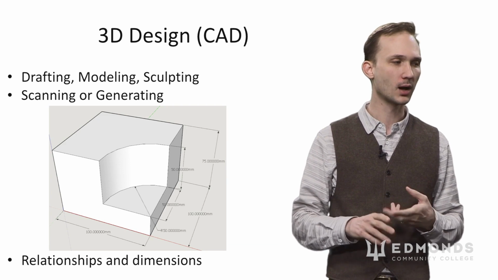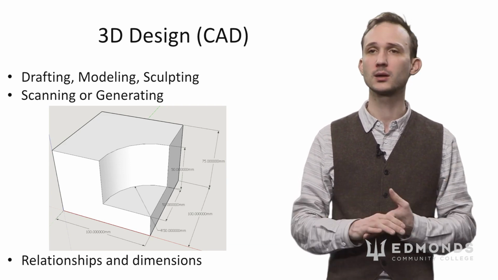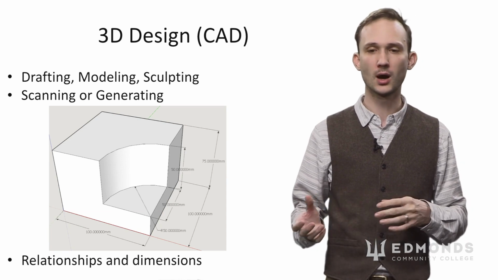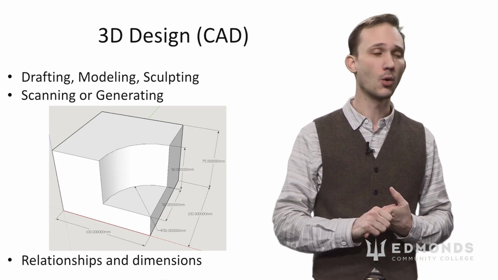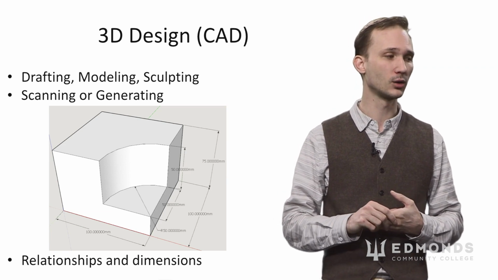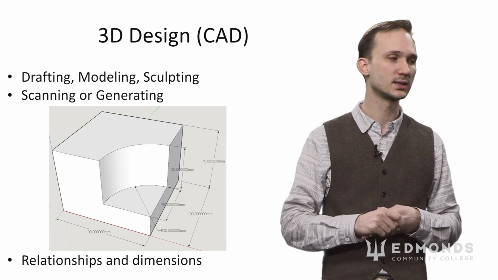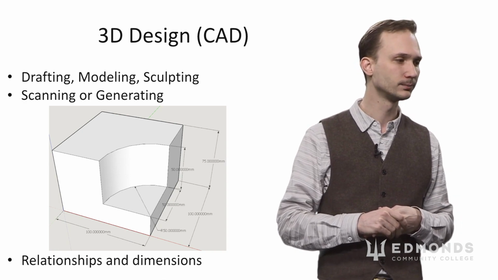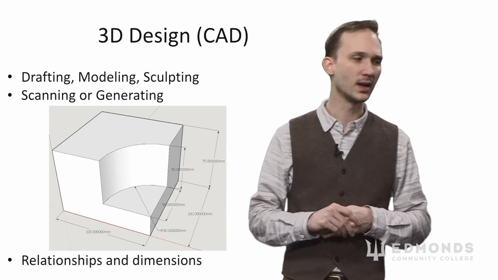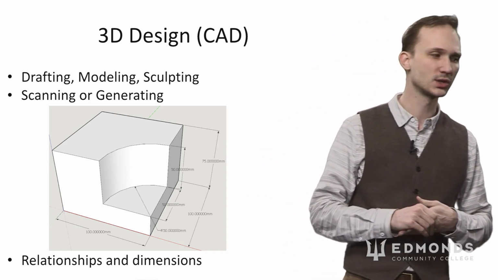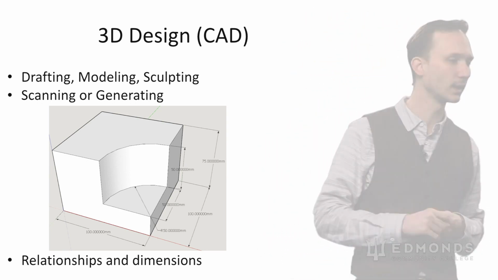That can be drafting, modeling, sculpting, also scanning in or generating geometry using either 3D scanners that produce some point cloud or facets, or using mathematical equations to generate those shapes and then passing them to the next step independent of CAD. In the example here, you can see that we have a simple manifold part that's just dimensioned. We made this one in SketchUp, but there are many other programs that you can make it in.